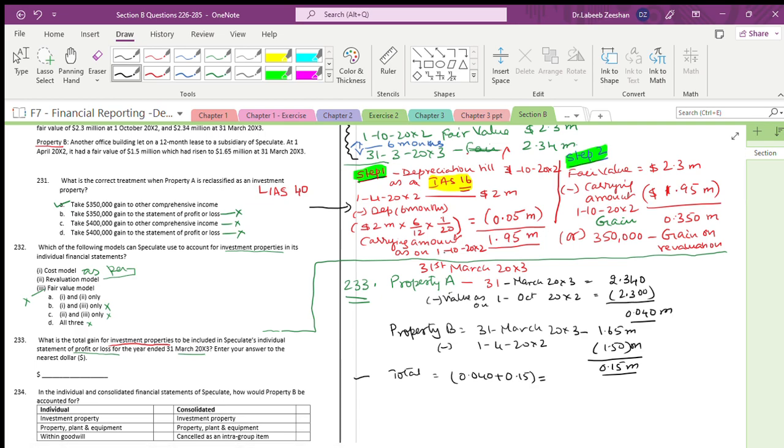It comes to 0.190 million, or $190,000. Are you clear about this?